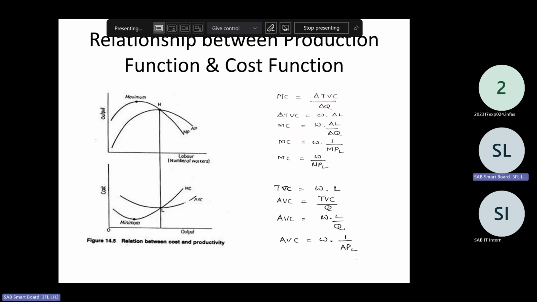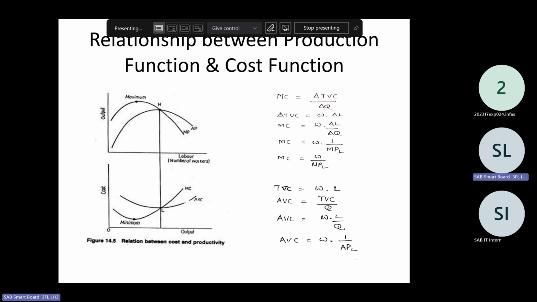When the marginal productivity decreases, our marginal cost increases. And the average productivity comes to the maximum point, this point. Up to that point, my average variable cost decreases. Then the average productivity decreases, so the average variable cost also increases.